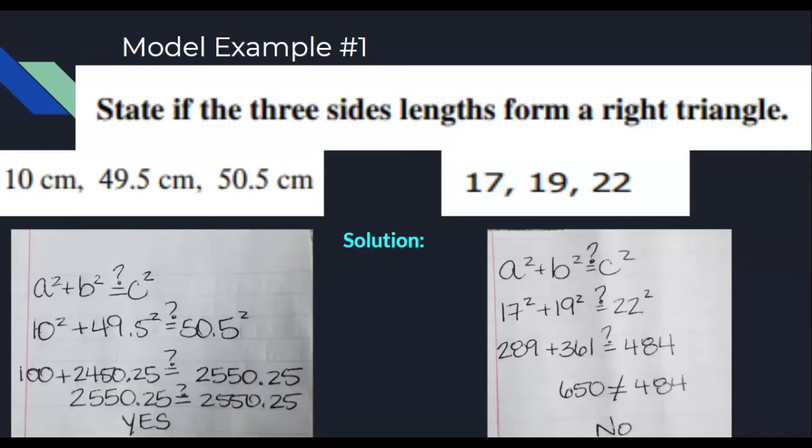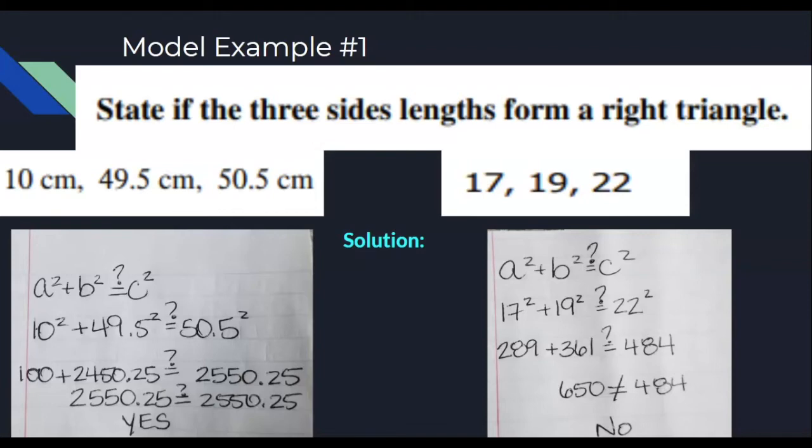I plugged in 10 for A, 49.5 for B. I used the question mark on top of the equal sign because at this moment we don't know if both sides are equal. So 10 squared plus 49.5 squared, we're trying to see if it's equal to 50.5 squared. At that point, I'm just trying to figure out if the left side equals the right side.